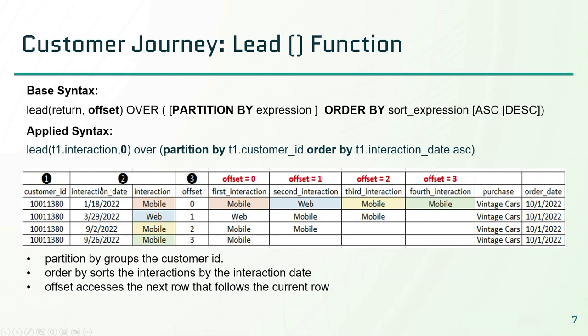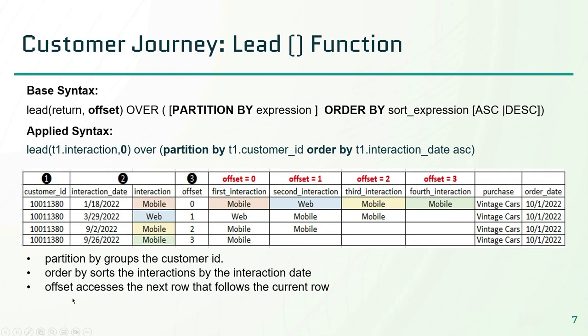In this example, we are sorting the interaction date in ascending order, so it goes from the oldest date to the most recent date. At the same time, it's also sorting the interactions, and you can see that that's captured in this portion of the code here.